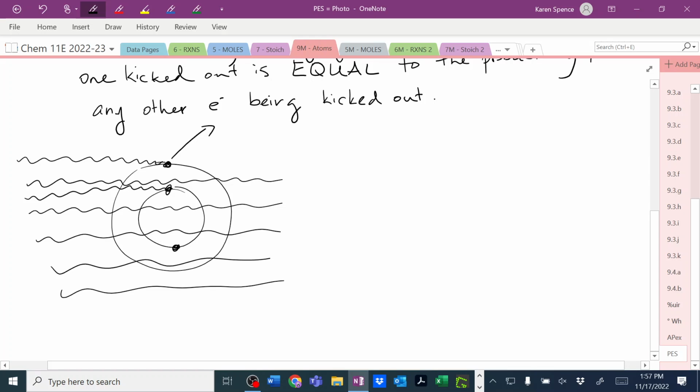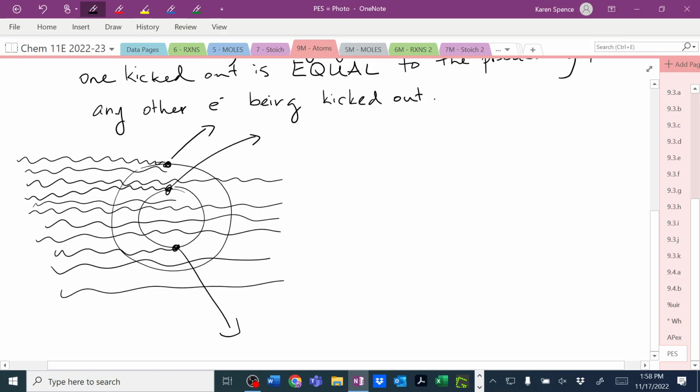It also has enough energy to bump that one out. So out of my 12 photons, 2 have hit the inner shell.